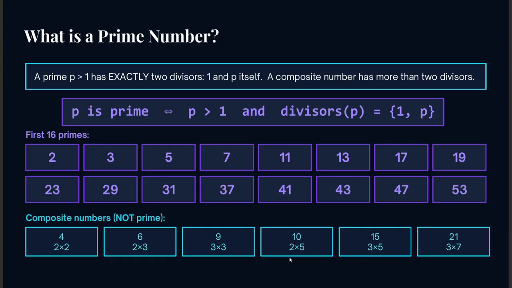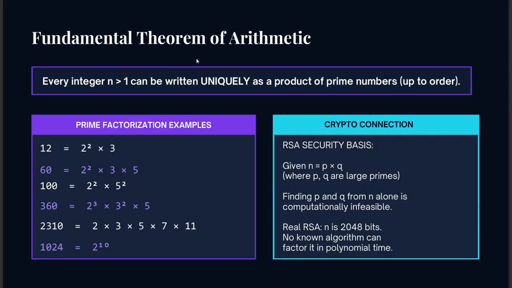Now comes one of the most important theorems in number theory, the fundamental theorem of arithmetic. This theorem states that every integer greater than 1 can be uniquely written as a product of prime numbers. The important word here is uniquely. It means every number has its own prime factorization.